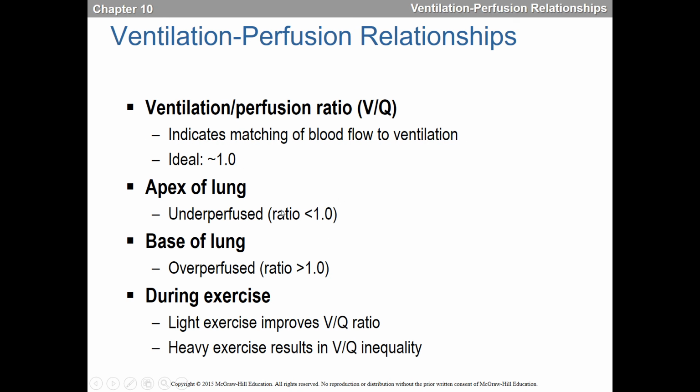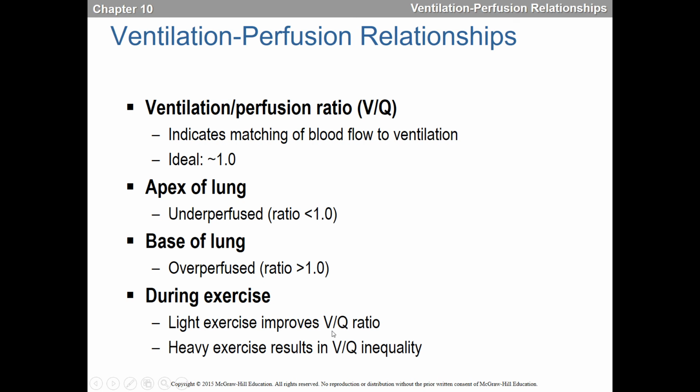And overall with the lungs, there is a part of it that is underperfused, meaning not enough blood flow, and there's another part that is overperfused, meaning too much blood flow. So that just means that the ventilation and perfusion is a little bit inefficient. And that's fine because at rest, all that's good.